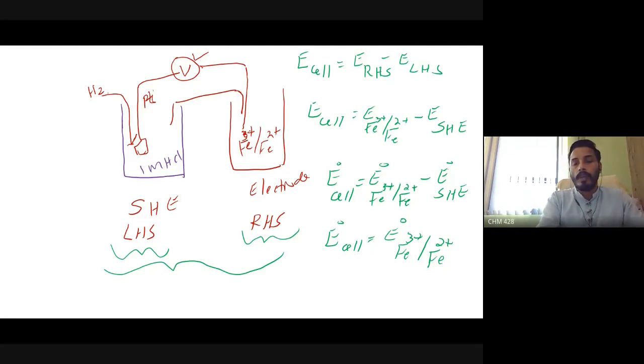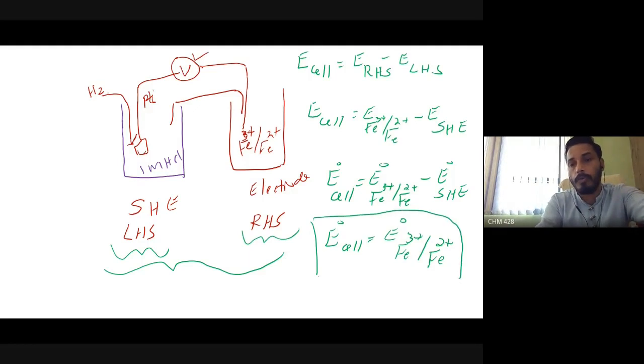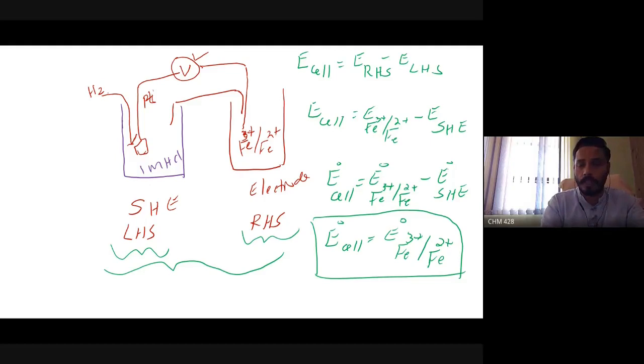What does it tell you? Whatever voltage you measure across the voltmeter is nothing but the electrode potential of your electrode.